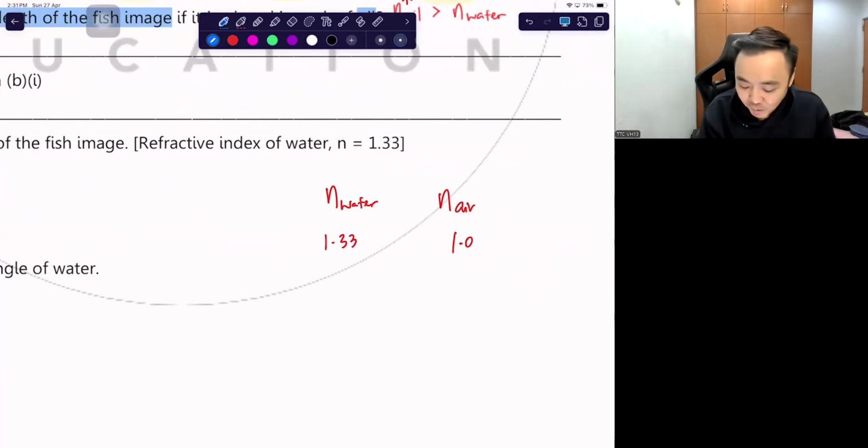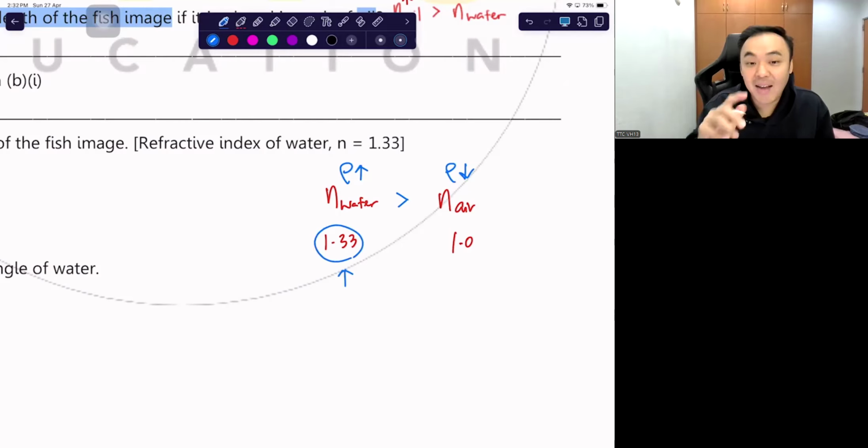Water is more dense, harder to go through. Density higher, density lower. Then you look at the refractive index: water is higher than air. So they link together. When your optical density is higher, your refractive index is also higher. Conclusion.